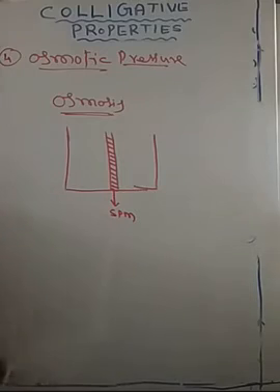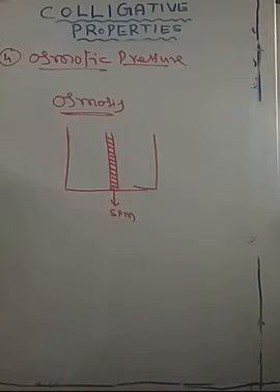Semi-permeable membranes are of two types: synthetic as well as natural semi-permeable membranes. Natural semi-permeable membranes include the cell walls of plants, pig gallbladder, and egg walls.